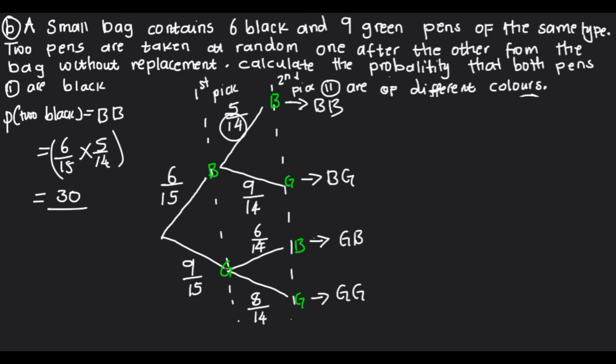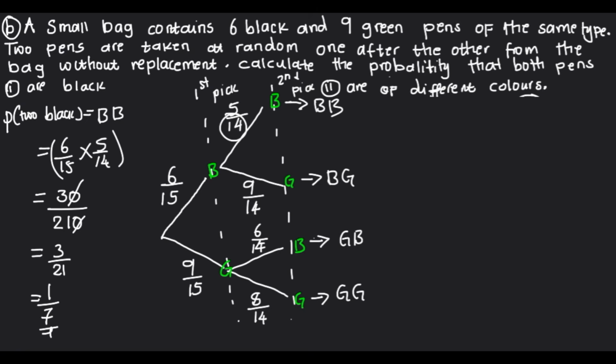This will give us 210. So if we cancel this 0, we can reduce. So we have 3 over 21. Then 3 into 3 is 1, 3 into 21 is 7. So the probability that 2 of these pens are of the same color, which is black, is 1 over 7.